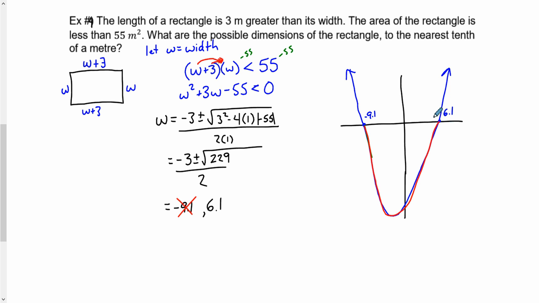But the problem is, we can't have any of these values here, because our width can't be negative. We would only be able to start counting from 0, so when the width is 0 all the way to 6.1.